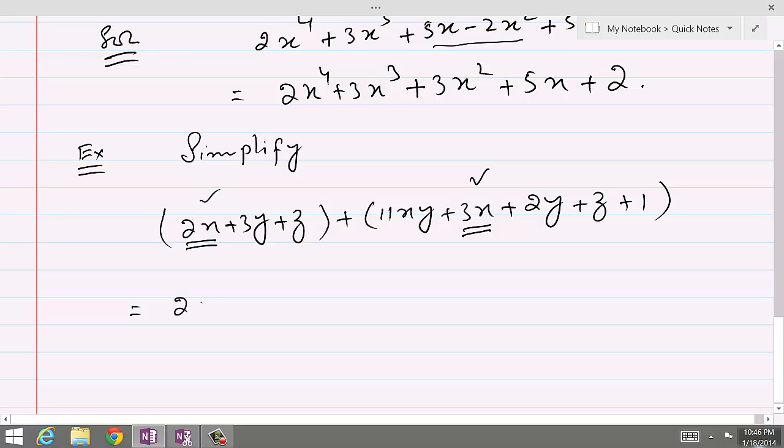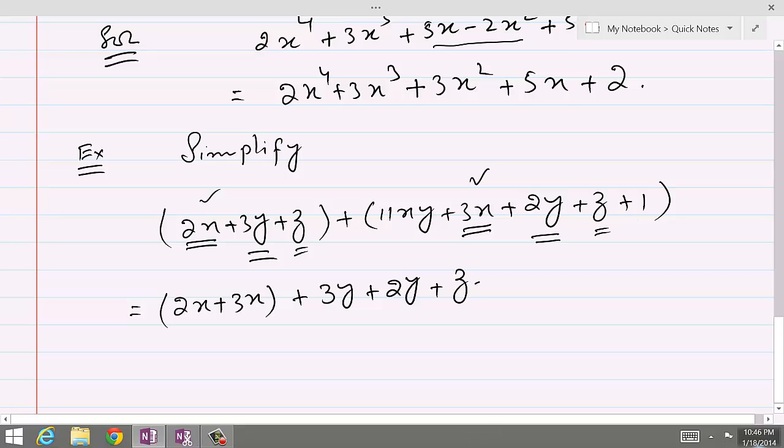So we can group them together, 2x plus 3x. So 3y, is there any other term which involves y only? This term is there. So plus 3y and plus 2y, they can be grouped together. And here is a z. Is there any other z? There is z here. So they can be written together.